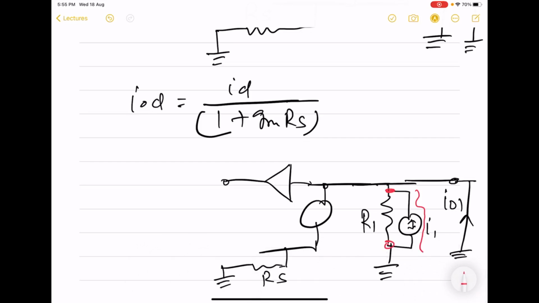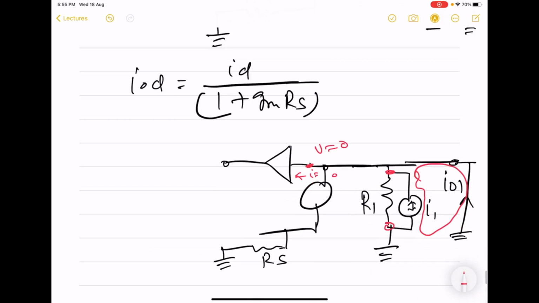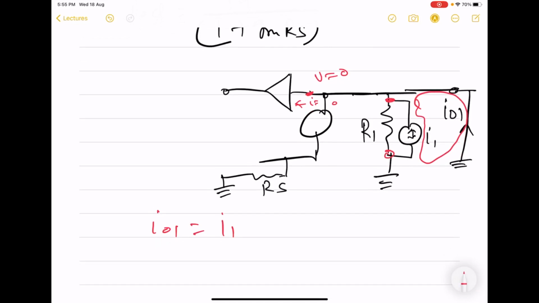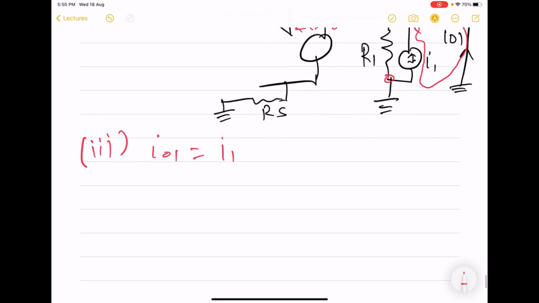So the entire current is going to take this path. Again, this is 0, no current into it. So it is a similar situation as the previous case, and IO1 is equal to I1. So we found that all the three currents, after including this, remain the same. And keep in mind, this is the case when neglecting the noise contribution of the feedback network.